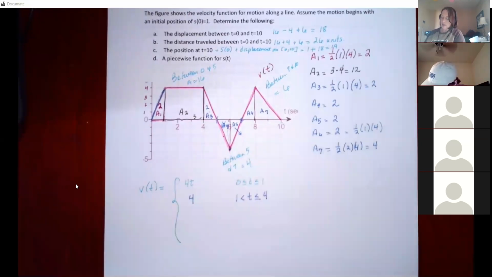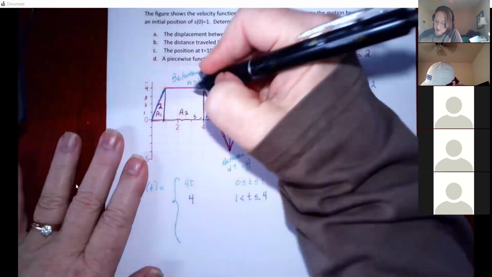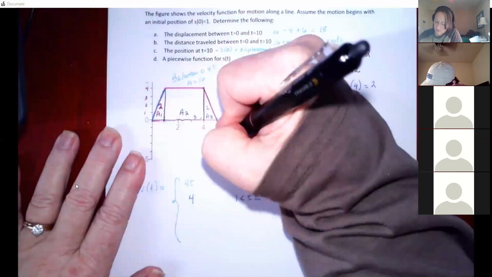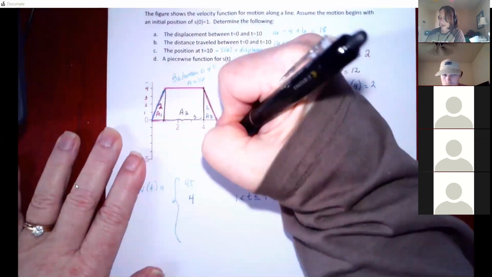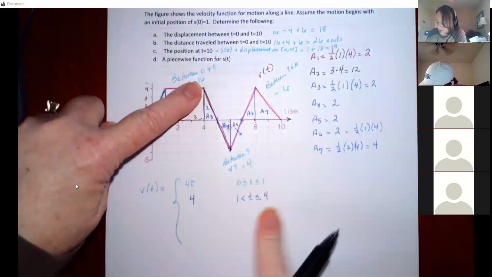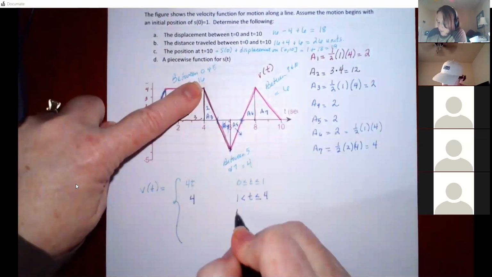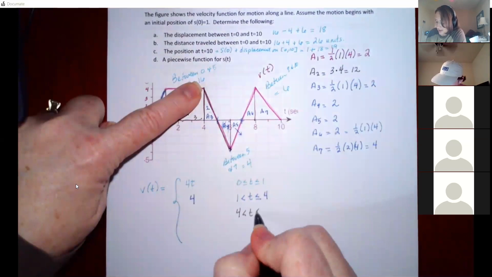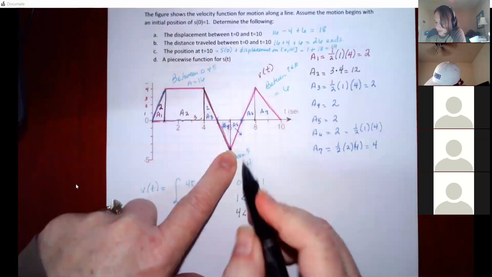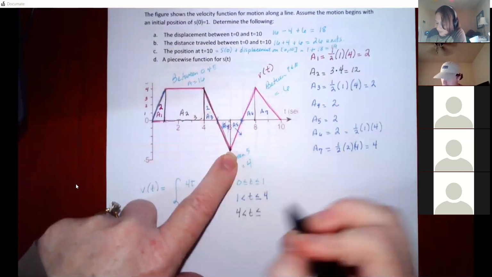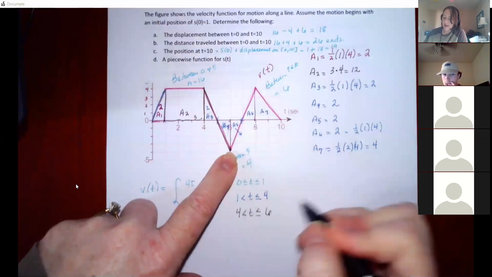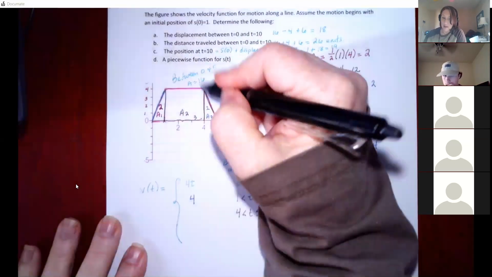Next, we're going to do this linear chunk right here. That line starts at t equals 4. So I'm going to go from 4 less than t, less than or equal to 6. I need to find the equation of this line.